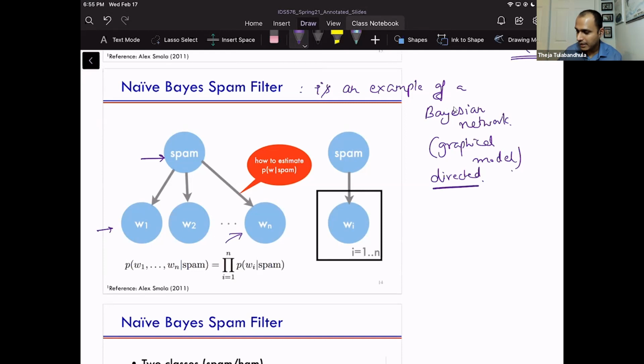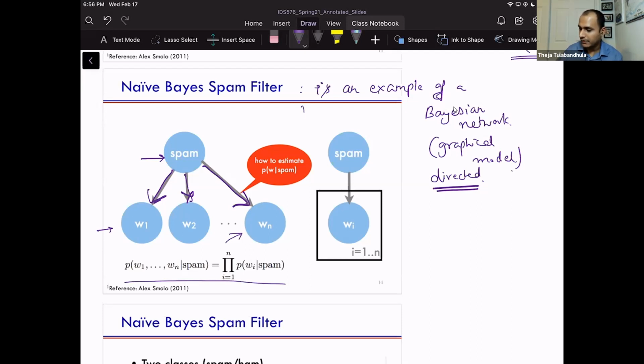The graph is going to be a directed graph, so there's a directed edge from spam to each of the words. Why is there a directed edge? This directed edge captures the conditional independence assumption that we just mentioned. If we condition on spam, each of these random variables W1 to Wn is independent of the others. That's the key assumption, and this graph captures it, and that's what I wrote here.